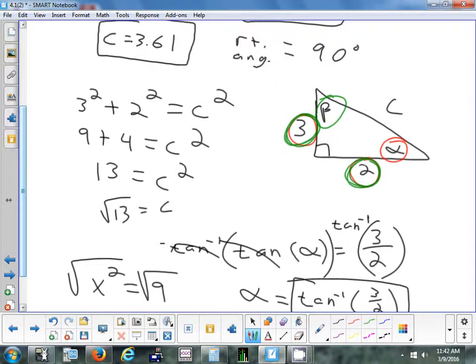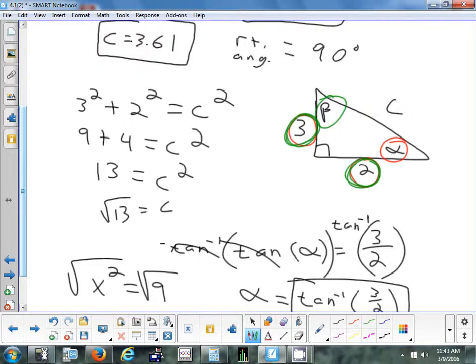What trig function am I going to use this time? Think of what 2 sides we're working with. All right, we're working with adjacent. Yep, that's one of them. And opposite.